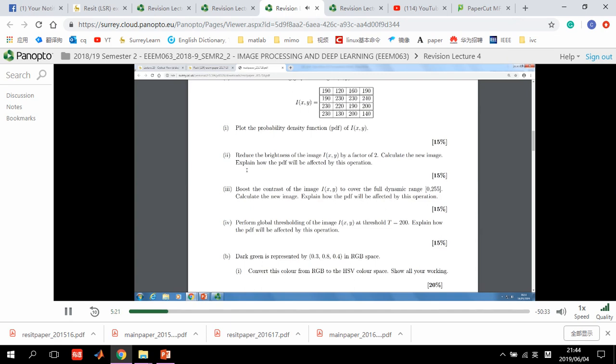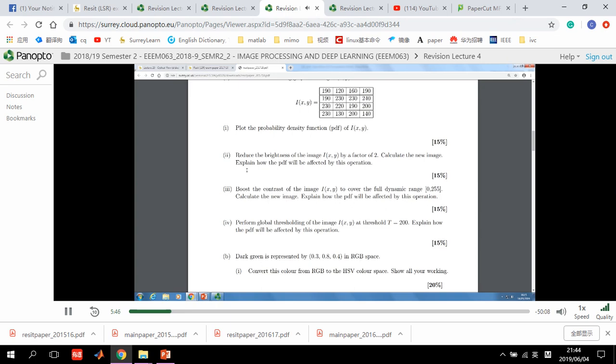Well, a thresholding operation takes all values above a certain threshold, which is 200 in this case, and sets them to the maximum value, which is 255. And it takes everything below it and sets it to 0. So the PDF is going to end up looking like a big peak at the very end, and also at this end, and nothing in between.